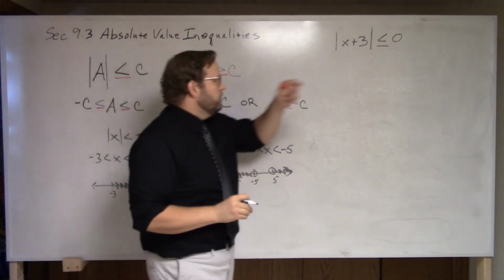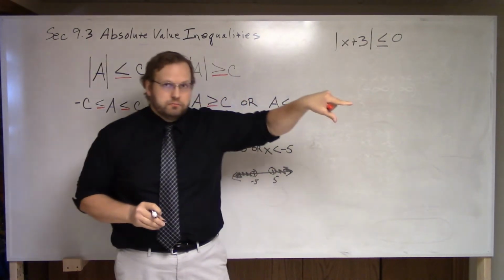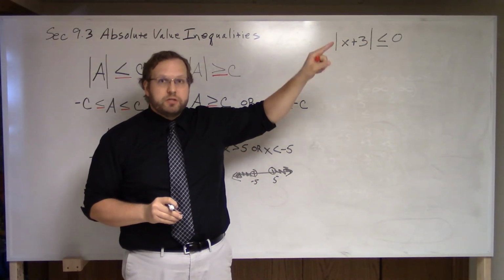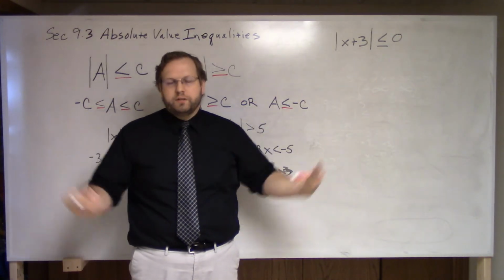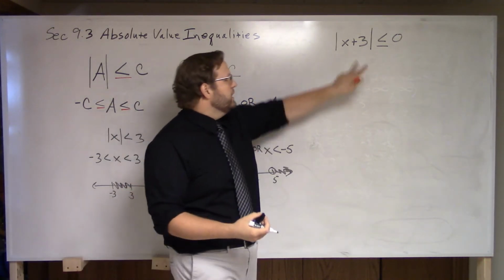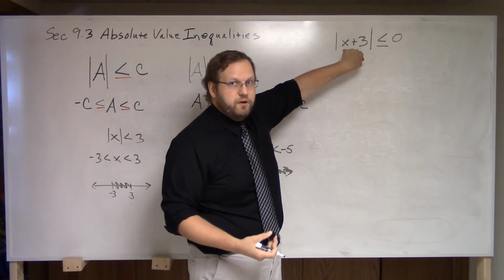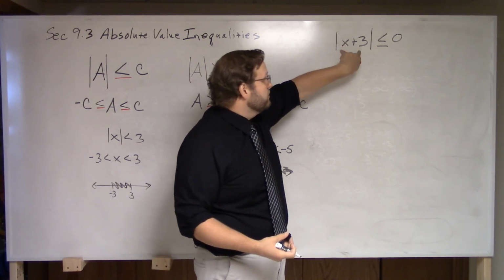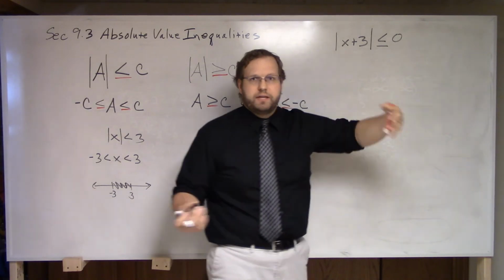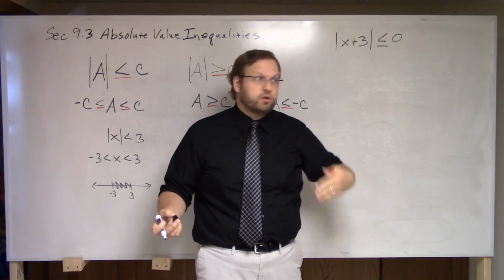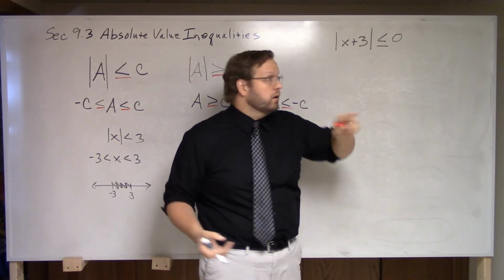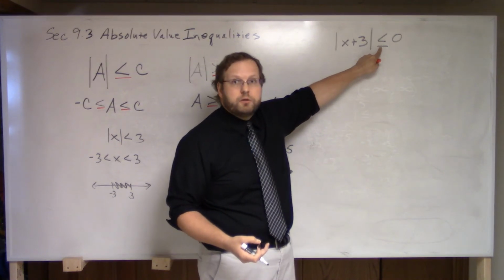Now, when they say less than or equal to, one of those has to be true for the whole entire statement to be true. This again will be positive or 0, no matter what I plug in for x. Positive or 0, smaller than 0. Will that ever happen? No. It's either going to be bigger than 0, or it could be equal to 0.